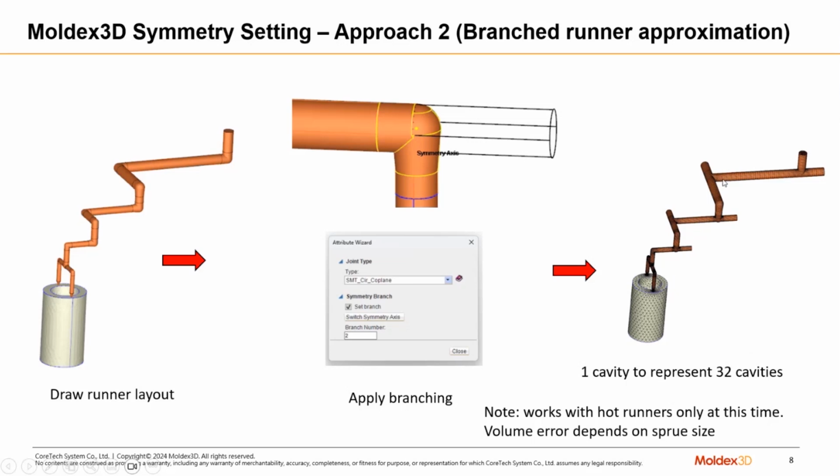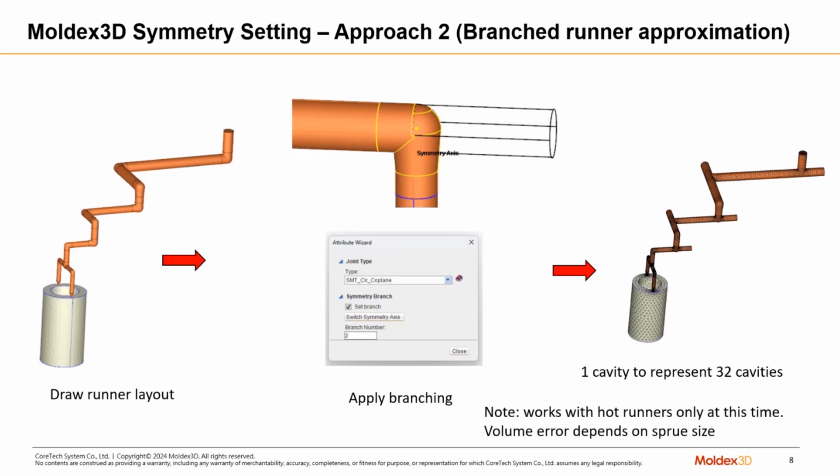So this is showing how the material is going to flow, and even though you don't have the mesh for the other 32 cavities, once you define this symmetry axis, it knows that the material is going to mirror the behavior of what you are doing on this side. And it works with hot runners only at this time. So when you have hot runners, yes, it does work.